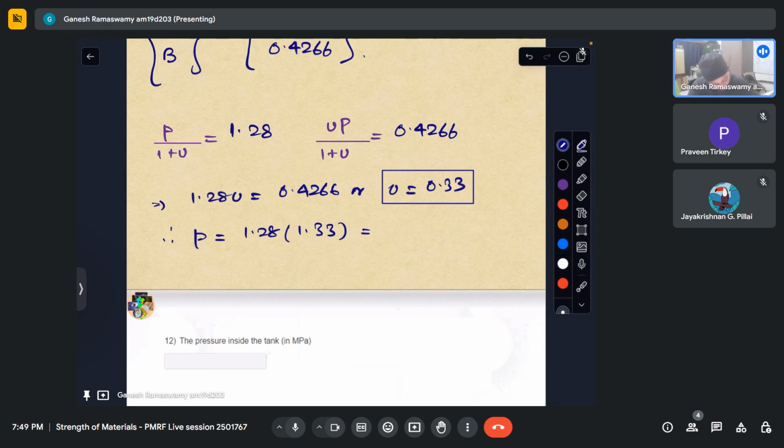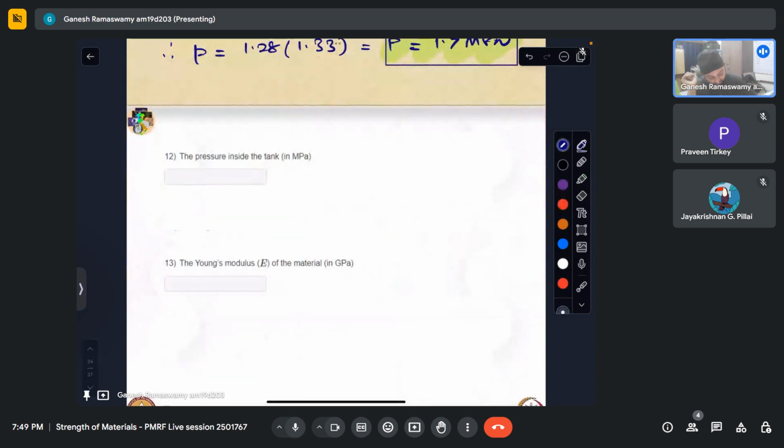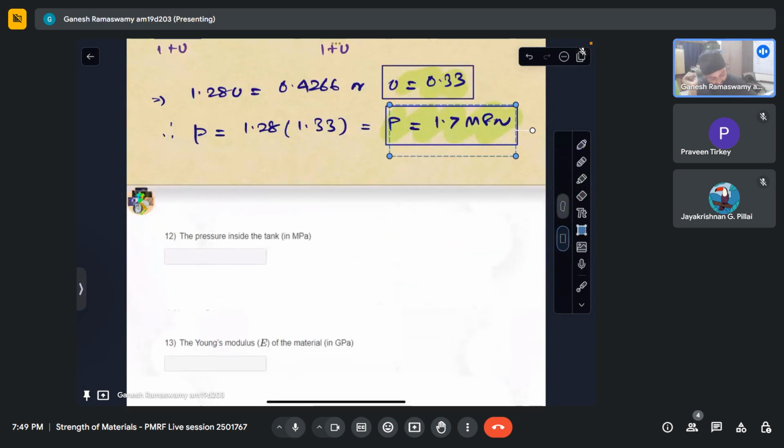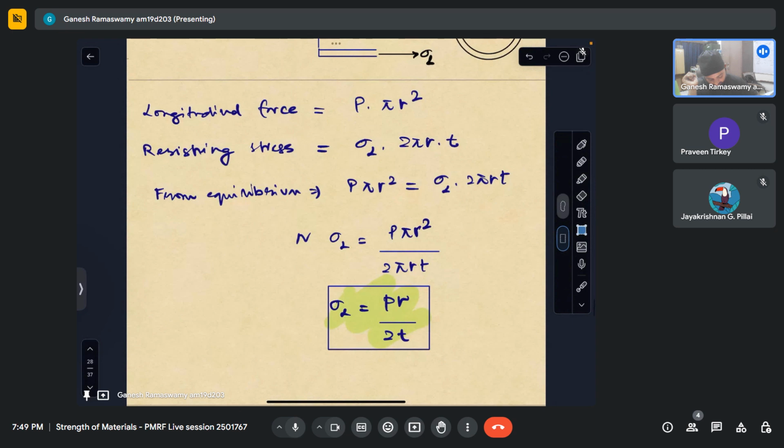So the internal pressure is 1.7 MPa inside the tank, whose Poisson's ratio is 0.33. Makes sense. So the pressure inside the tank is this much. We have solved for that. The Poisson's ratio was asked somewhere. It is this much.